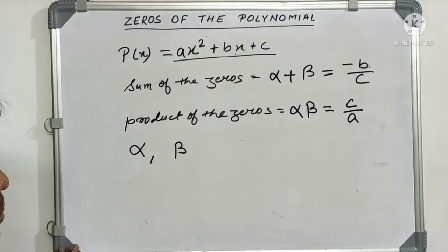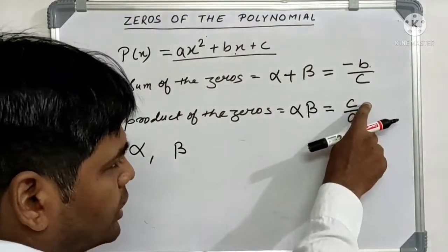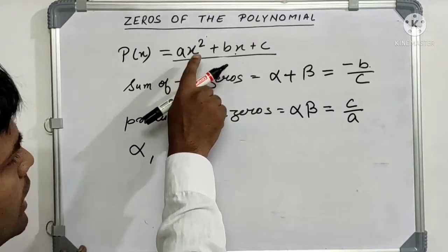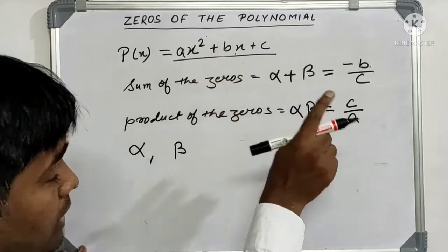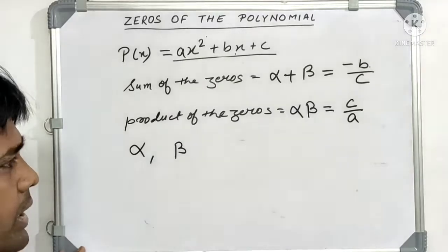Alpha beta, the product of the zeros, is the ratio of the constant term c at the end of the equation to the coefficient of x square.